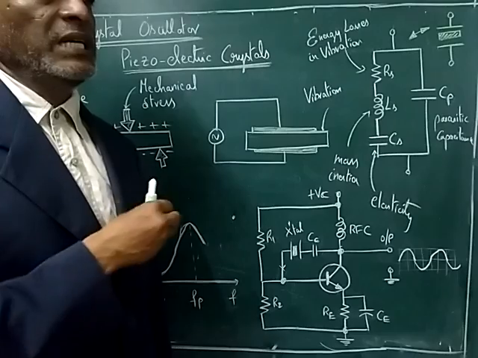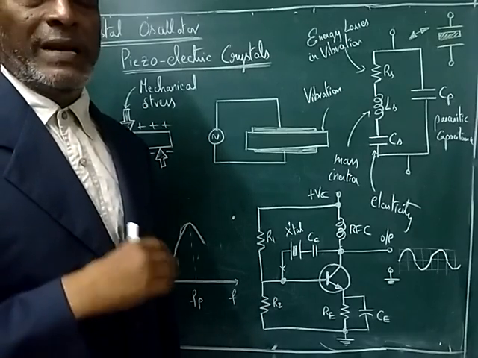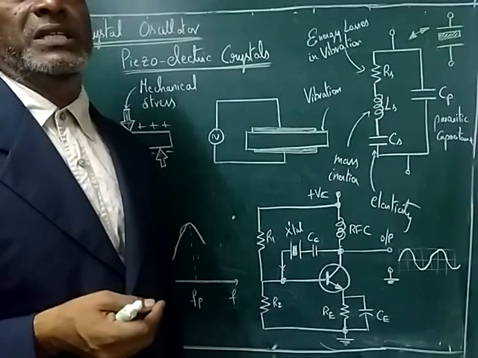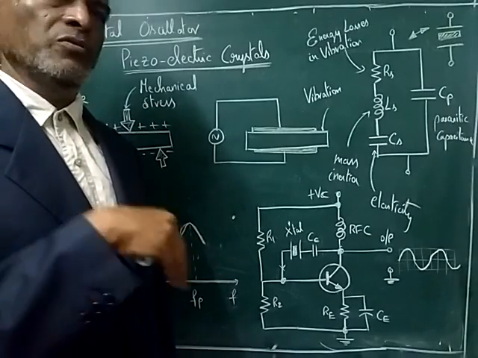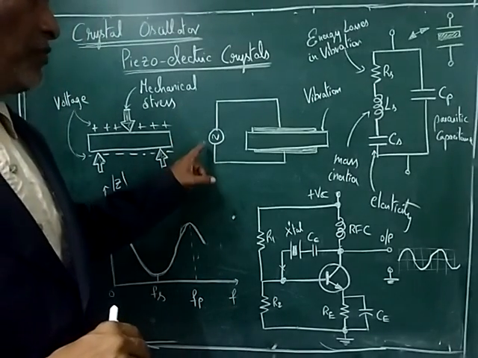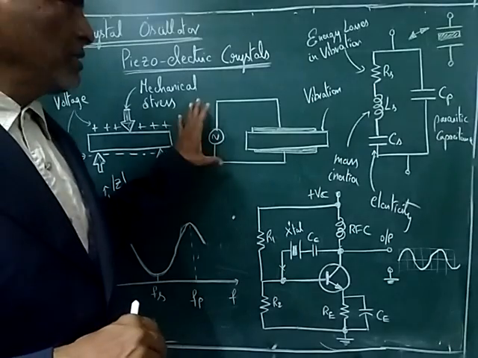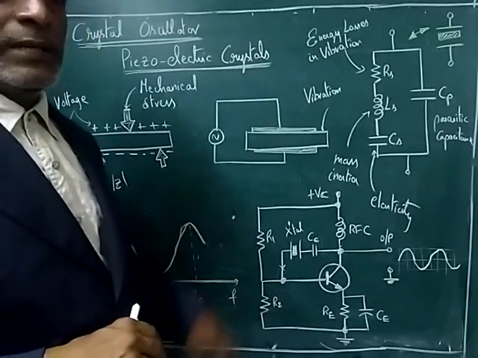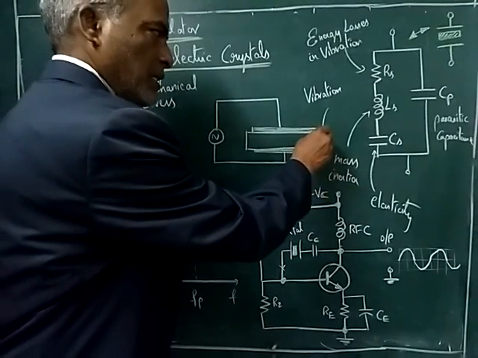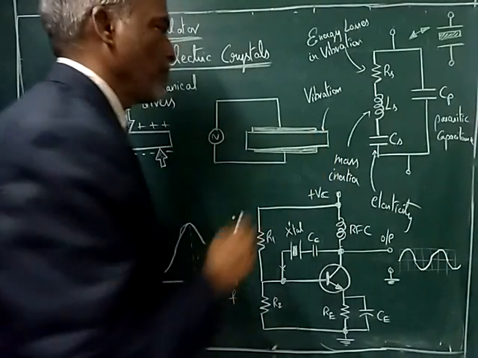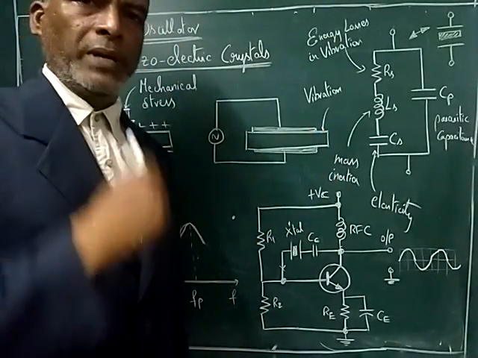That means basically it's a transducer, converting mechanical variations into electrical variations. Conversely, that is also true, electrical variations into mechanical variations. That is explained here. If you give an alternating current to this crystal, it will produce mechanical vibration. You can see this quartz crystal will start vibrating.